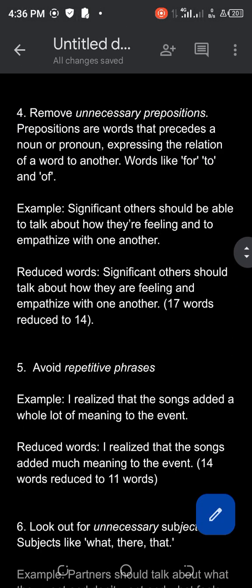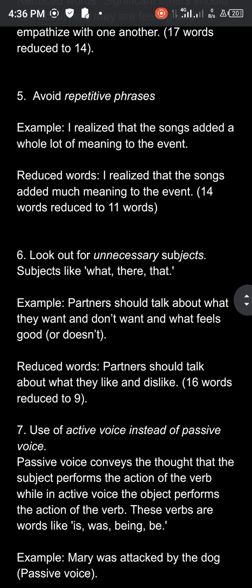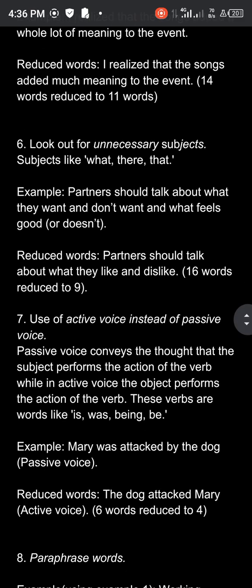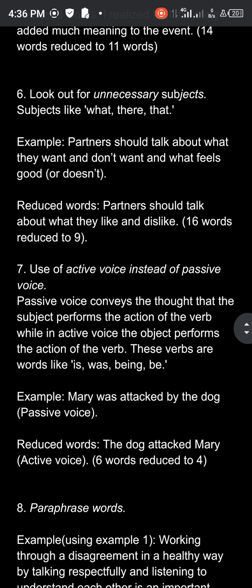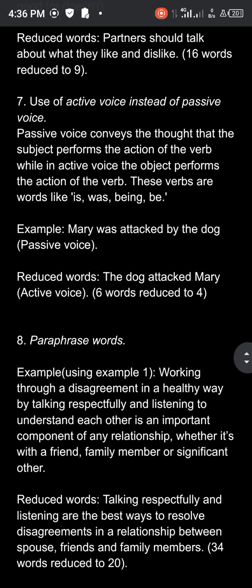Then the fourth one, remove unnecessary prepositions. The fifth one, avoid repetitive phrases. The sixth one, look out for unnecessary subjects, like what, there, that. Then the seventh tip, use of active voice instead of passive voice.